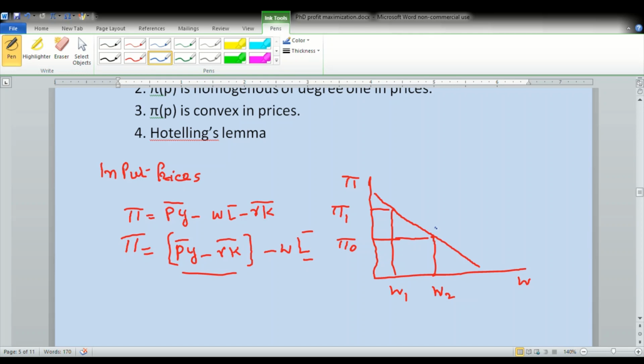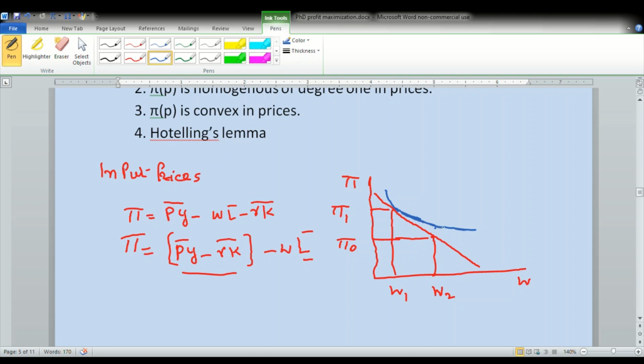But if this is happening, then your profit function is actually moving like this, and this is a sort of convex behavior. Got that? So the profit function is convex. It is falling, but not as much as to represent a constant decrease. It is decreasing at a decreasing rate.